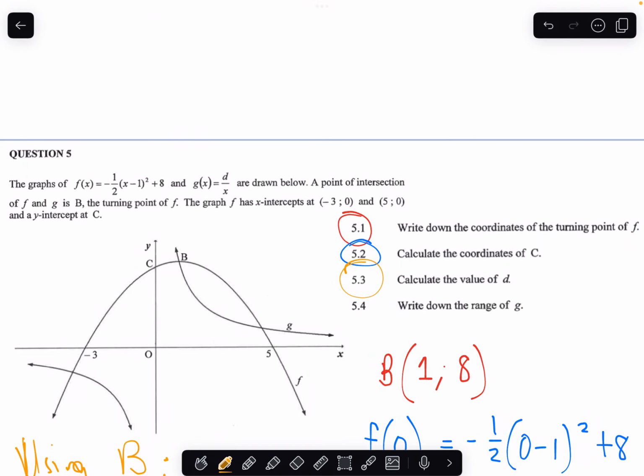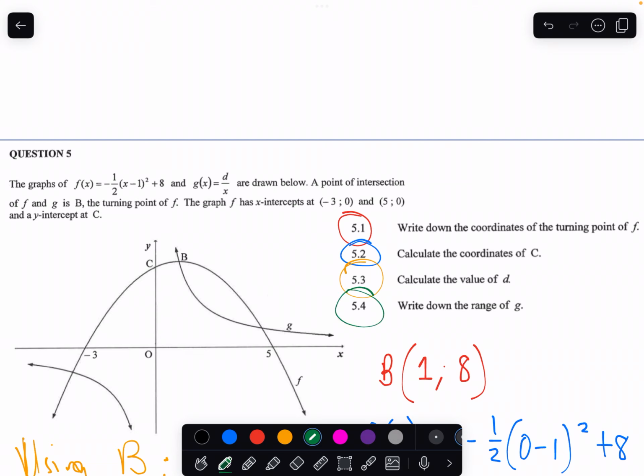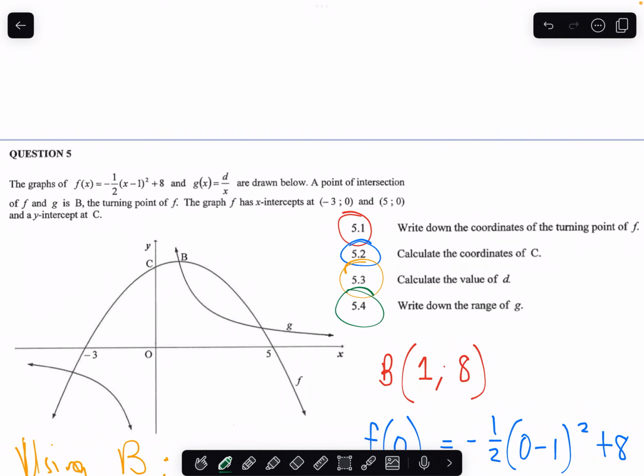Okay, and then last question on this page. Write down the range of g, the hyperbola. We know that this function outputs every y value except 0. There's no x value that can give us a y value of 0.